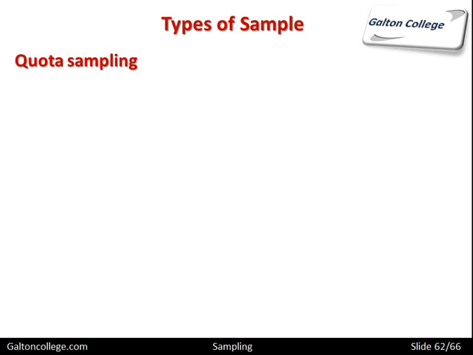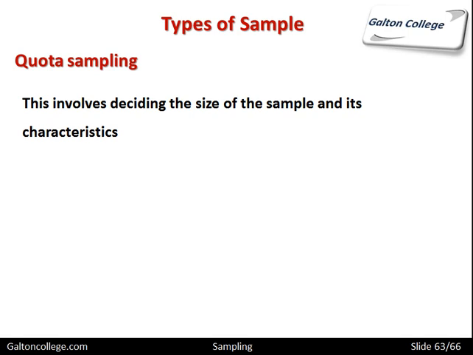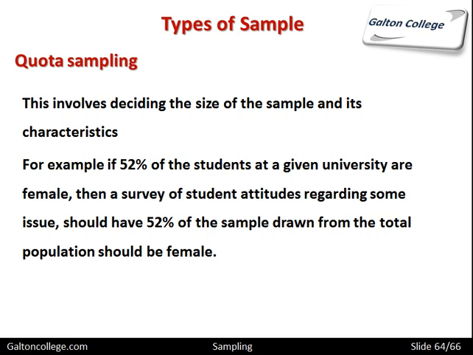Quota sampling. Well, this involves deciding the size of the sample and its characteristics. For example, if 52% of the students at a given university are female, then a survey of student attitudes regarding some issue should have 52% of the sample drawn from the total population be female.